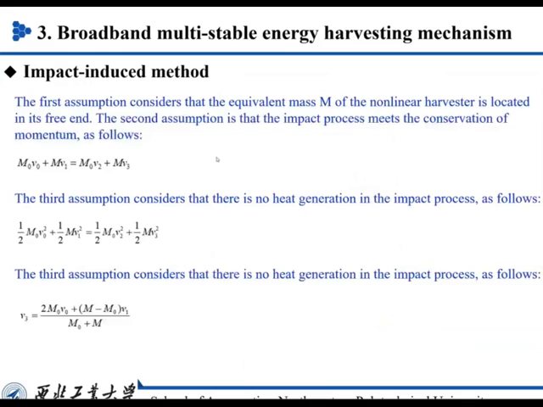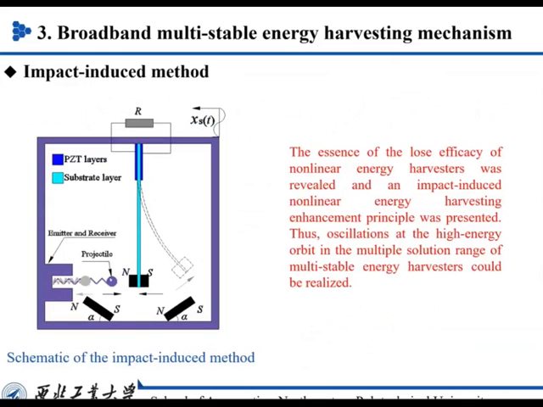So when the harvester works, we make the impact at the middle equilibrium position. That means it can change the velocity of the harvester.